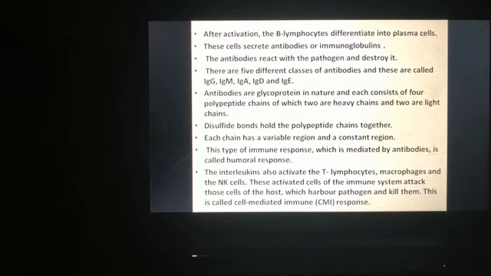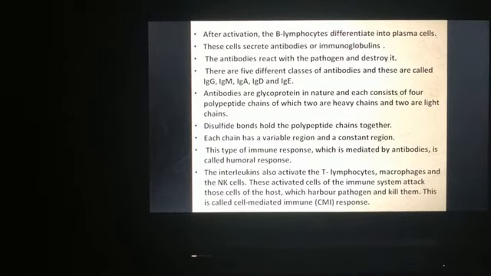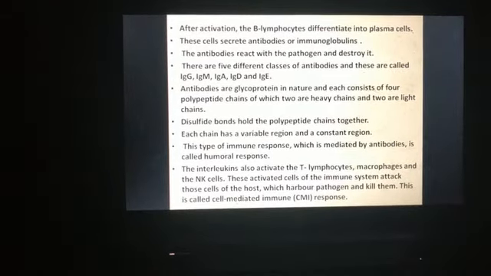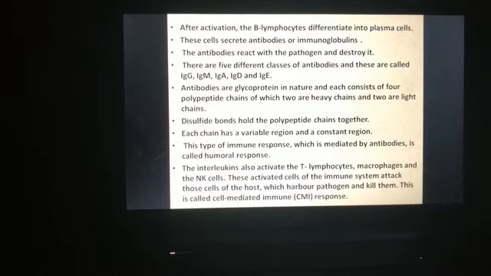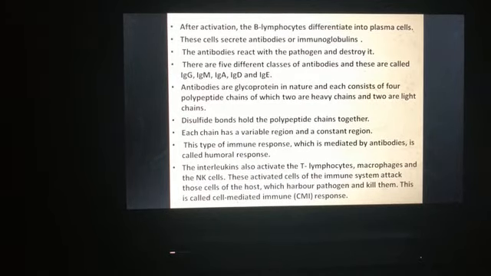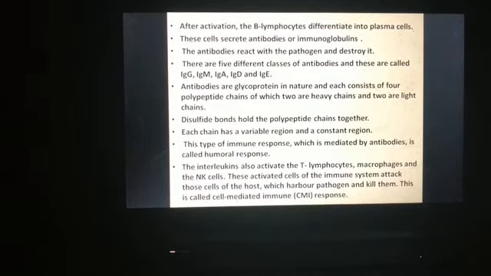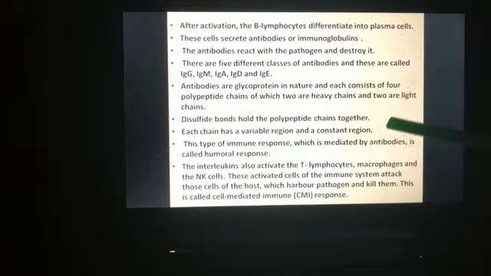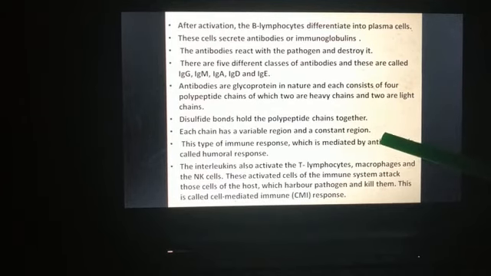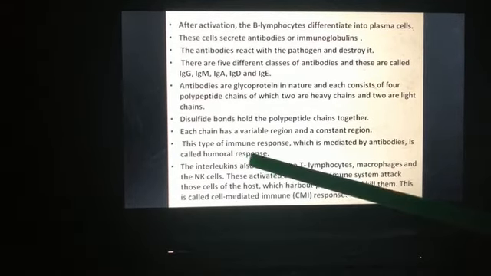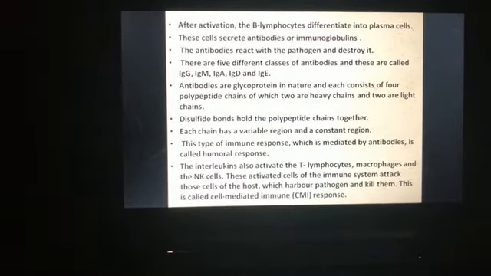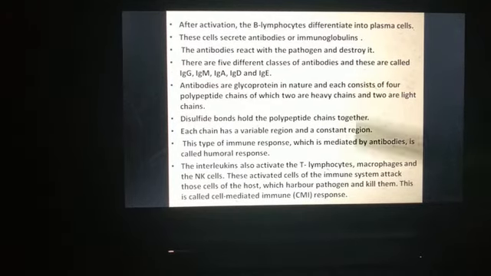This type of immune response, which is mediated by antibodies, is called humoral response. Humoral immunity relies on the action of antibodies. Antibodies are generated in humoral response. We have another type, which we will see in the last paragraph.